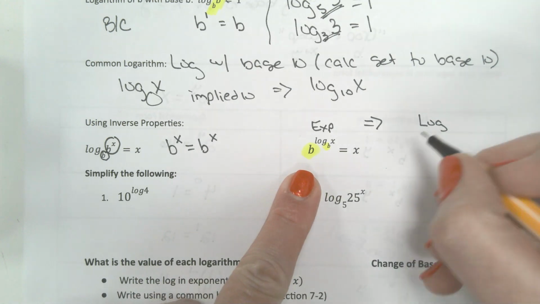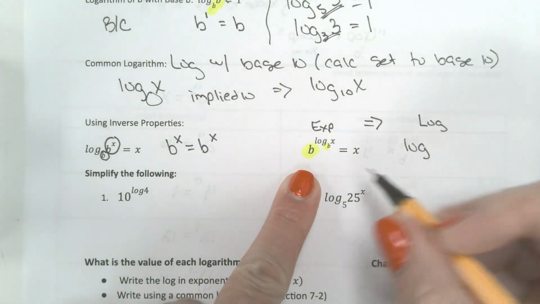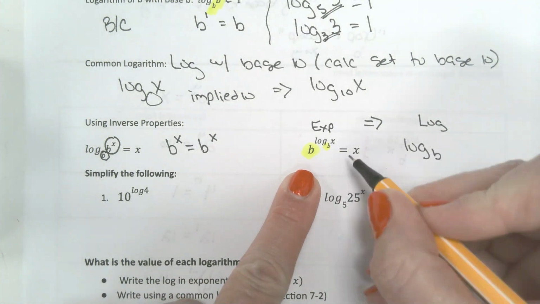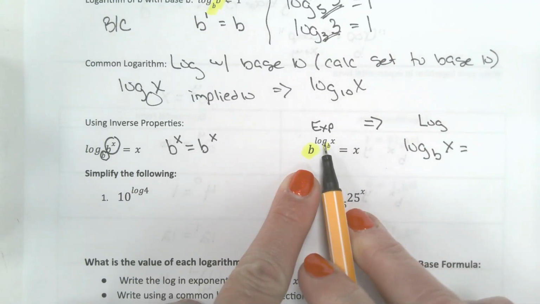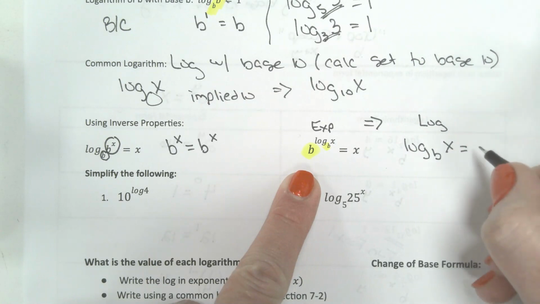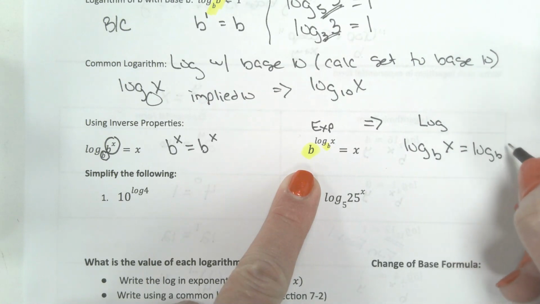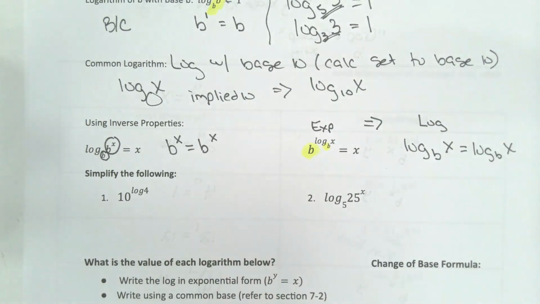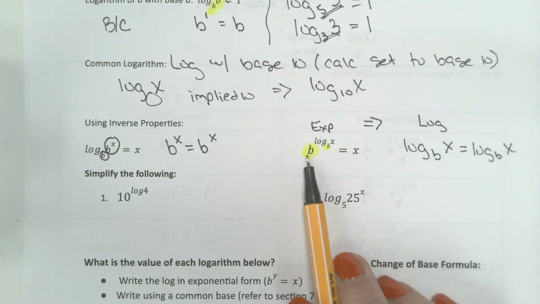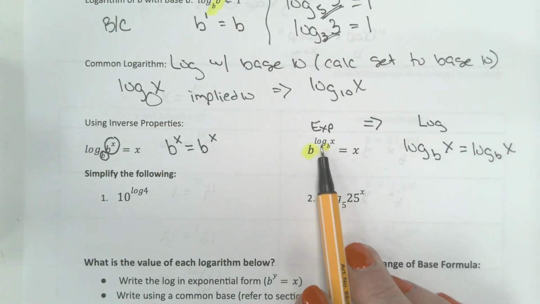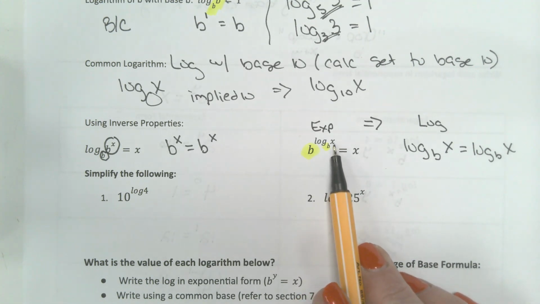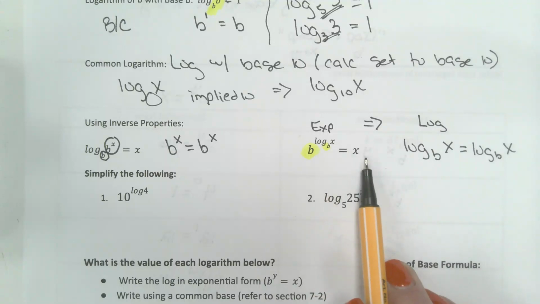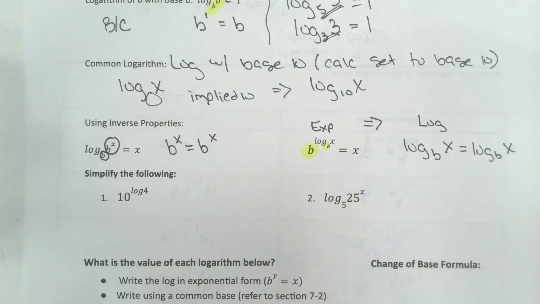So when I change form, I have log base b, the x comes to the other side, the exponent goes to the other side, equals log base b of x. So anytime that you have a variable raised to a log and those two are the same, they end up basically canceling out, and that's why it just simply equals x.